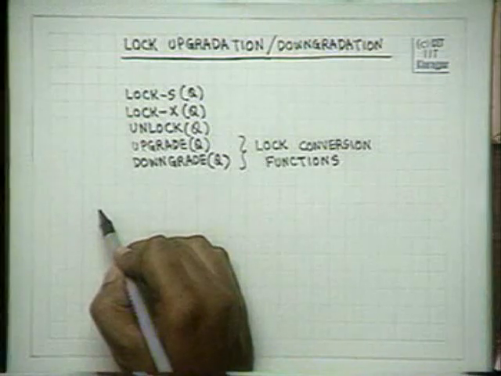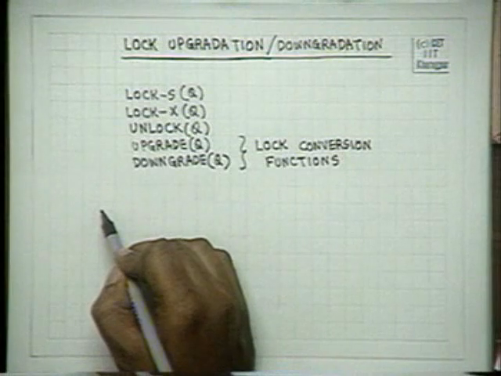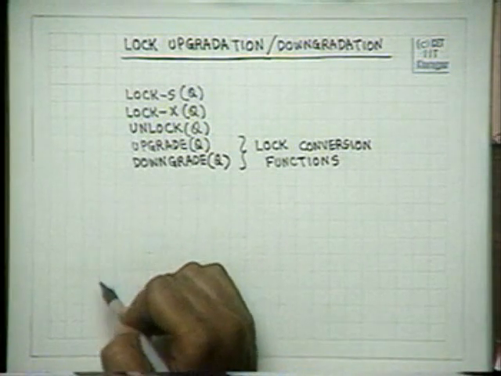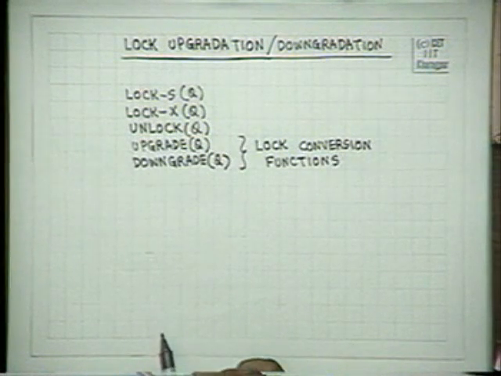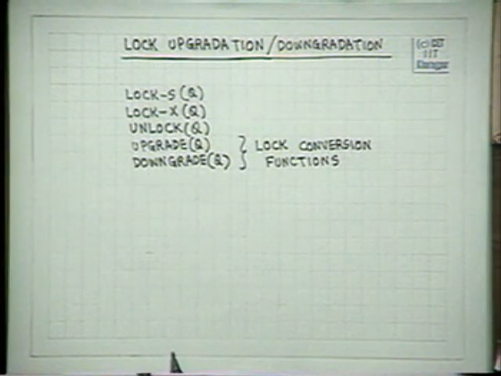And we modified the two-phase protocol saying that in the growing phase, we can only lock or upgrade locks, and downgradation of locks is allowed only in the shrinking phase.